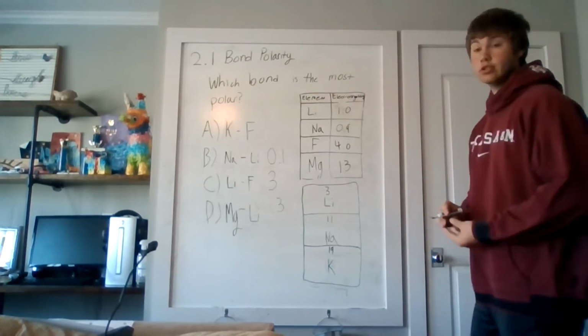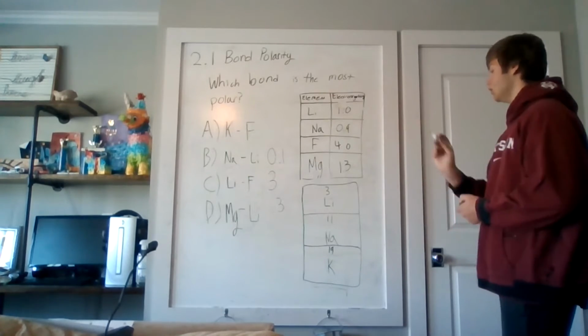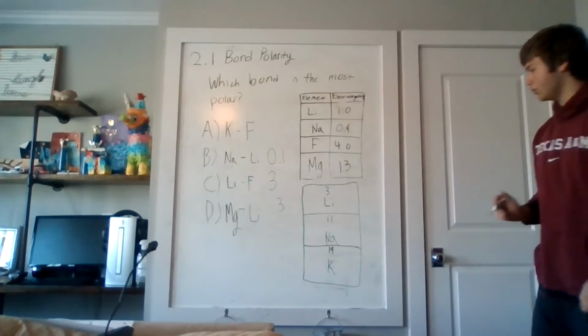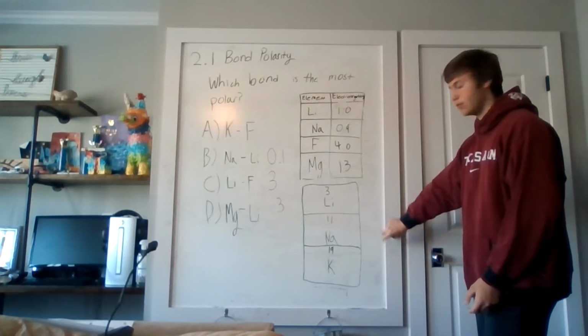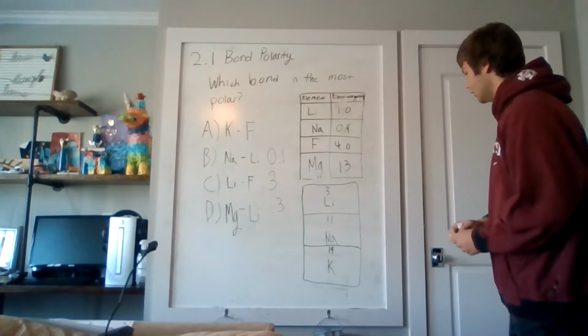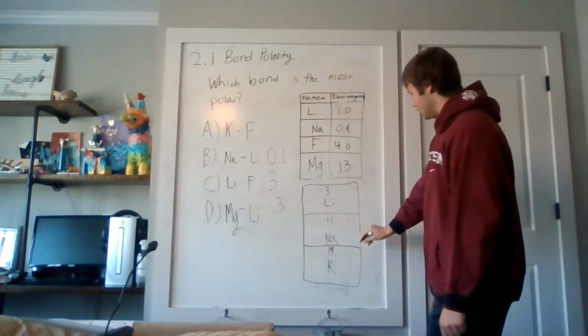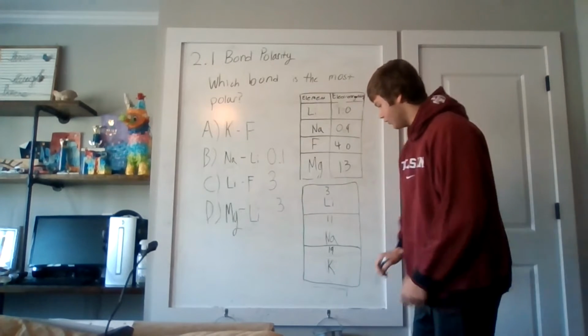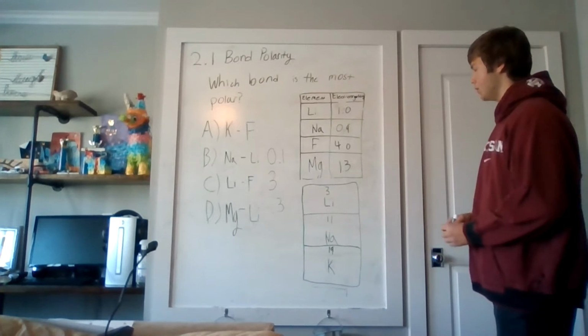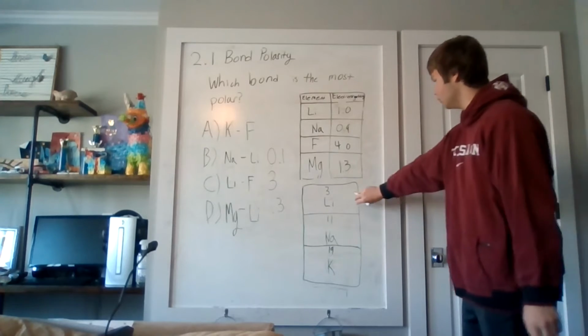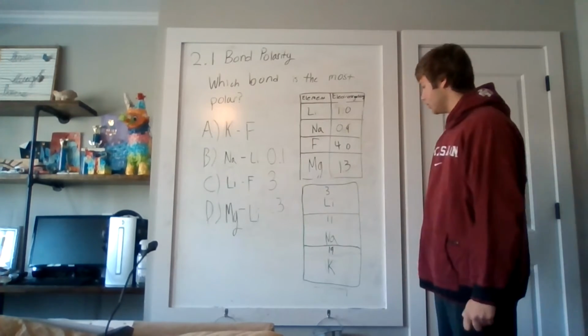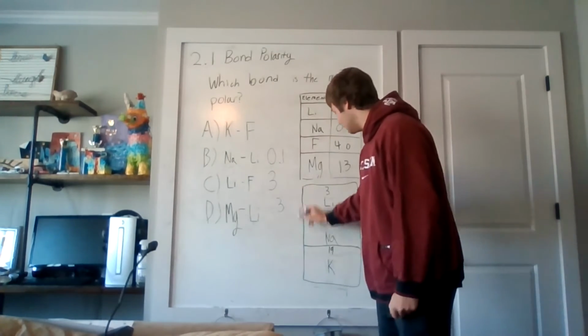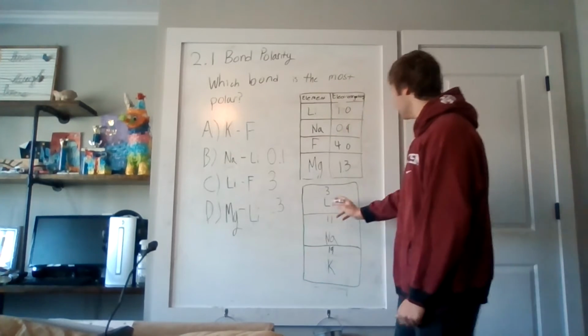So C looks very promising, but we have not looked at K yet. This is where the excerpt from the periodic table comes in. So we see that K is below sodium on the periodic table and below lithium. So what we can assume is that it's less electronegative than lithium.